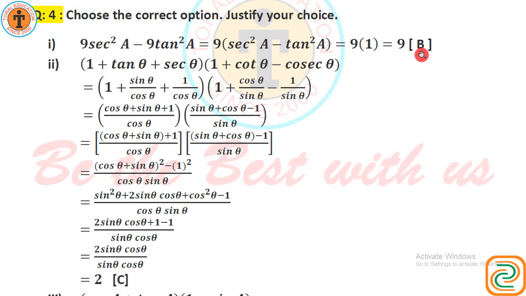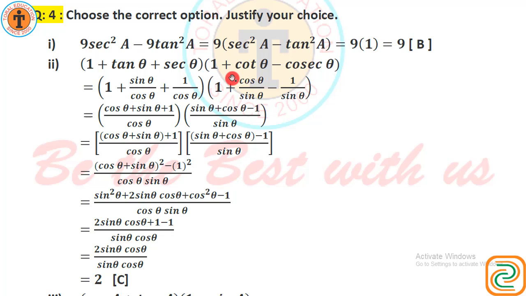Option B is correct. Second, 1 plus tan theta plus sec theta upon 1 plus cot theta minus cosec theta. So first of all, tan and sec and cot and cosec must all be converted into sin and cos form. So 1 plus tan theta means sin theta upon cos theta. Sec theta means 1 upon cos theta.